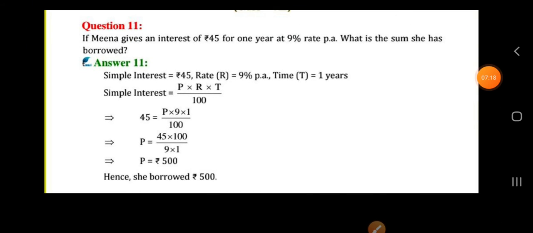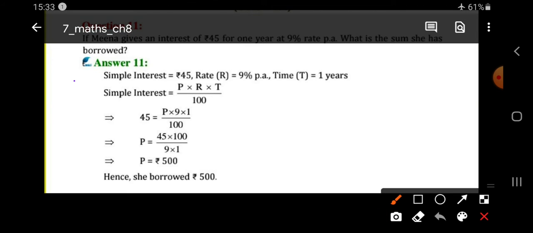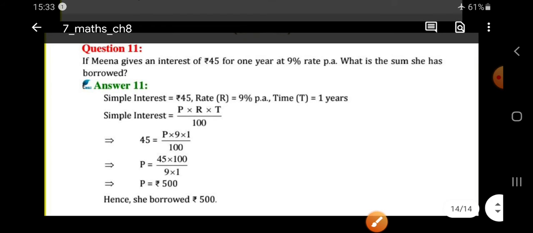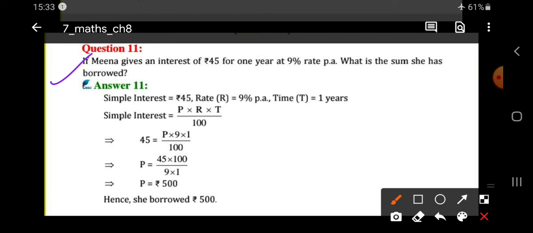Last example. In this example, the method is the same, but you have to find out the principal, the money borrowed. So first of all, let's read the question. If Meena gives an interest of 45 rupees for 1 year at 9%, what is the sum she has borrowed? It means find out P. Simple interest she has paid is 45 rupees, rate of interest 9, for 1 year.